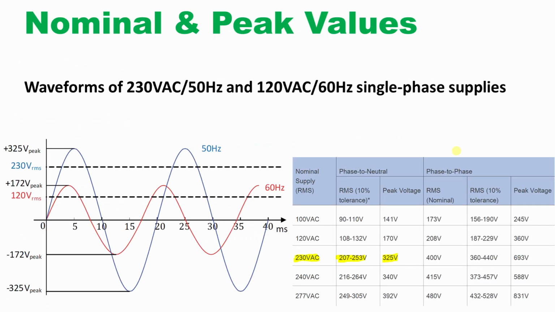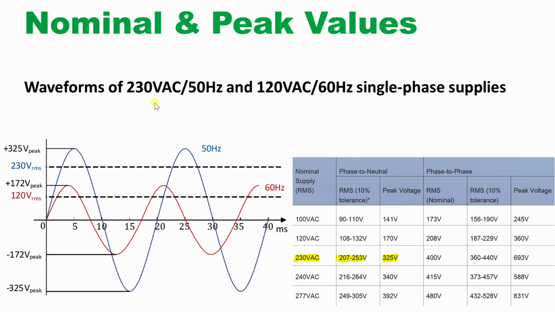This is the waveform I am showing. On the left-hand side you can see the 230 volt 50 hertz supply line, as well as the 120 volt AC 60 hertz supply line, which is in the USA; the 230 volt line is in Europe and India. This 230 is called the RMS voltage or nominal voltage. Most of the time, though not mandatory, the nominal value and the RMS value are the same.